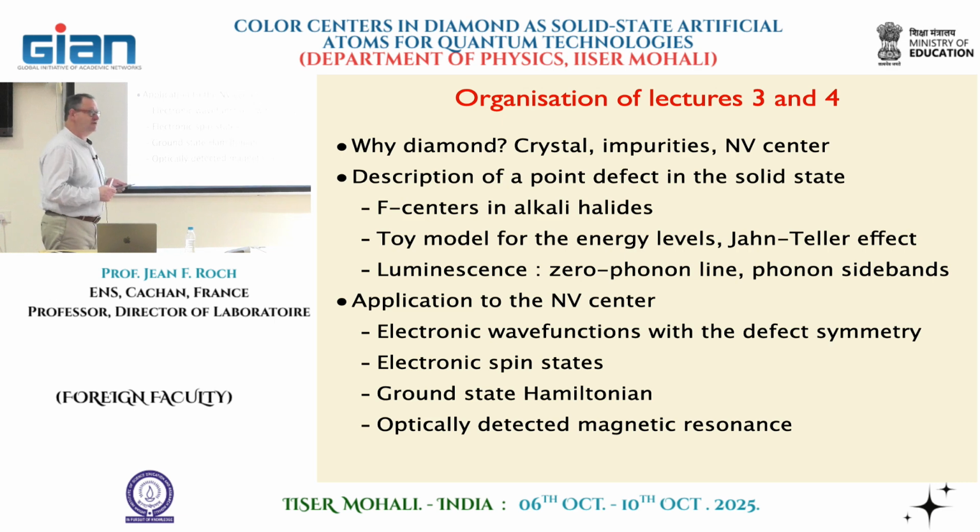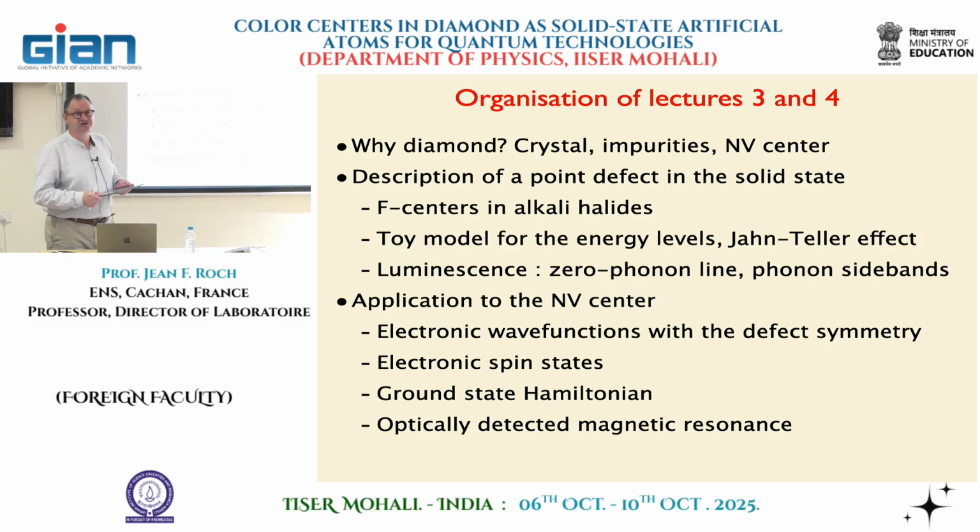Then if I want now to describe from a more physical point of view a point defect in the solid state, I need to understand how this can be done. And I want to make a kind of parenthesis. Since the NV center is rather complicated to describe, I will use a much simpler system, which is also the F center in alkali halide.